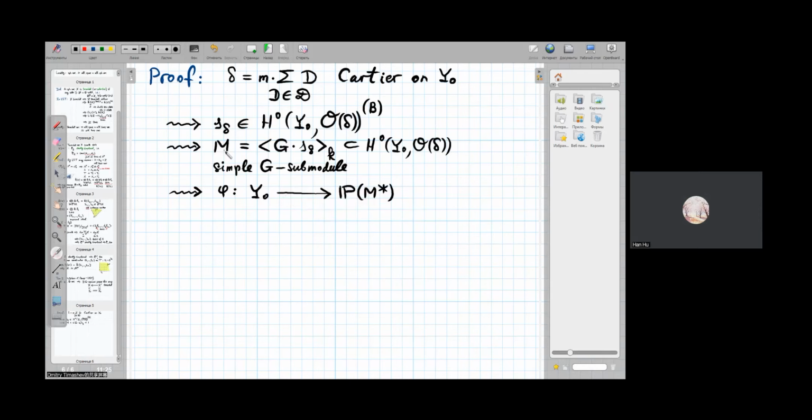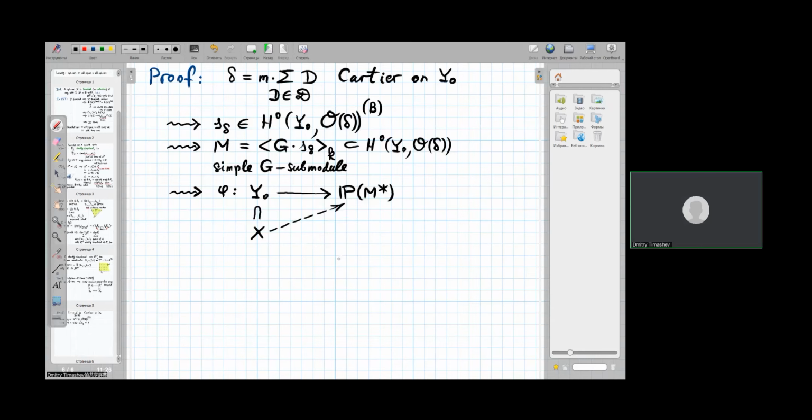So since we have this inclusion, this gives rise to this map. And of course, this map can be extended, if you like, to a G-equivariant rational map from X. Our variety X is an open embedding of Y naught, and this map from Y naught to P of M star can be viewed as a rational map from X to this projective space.